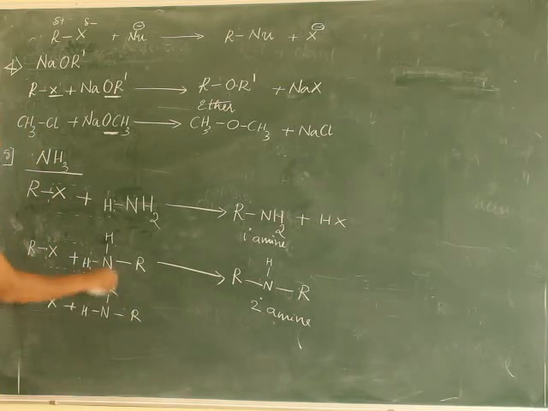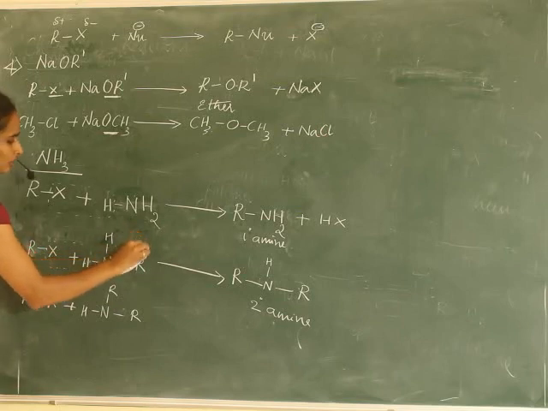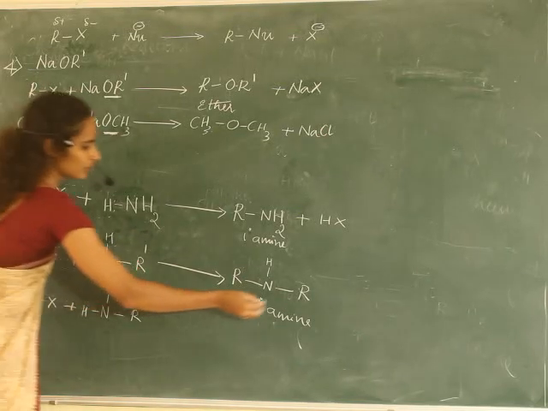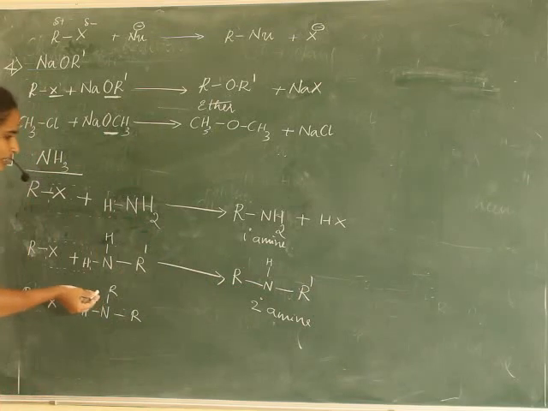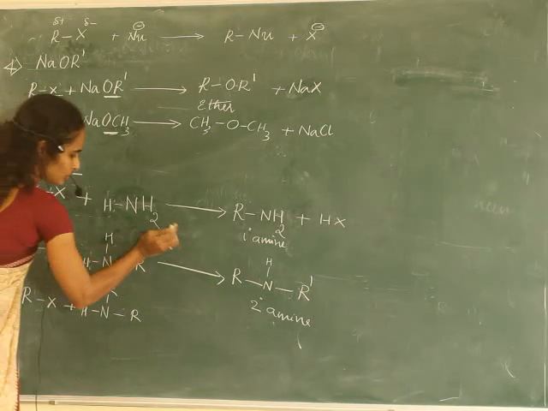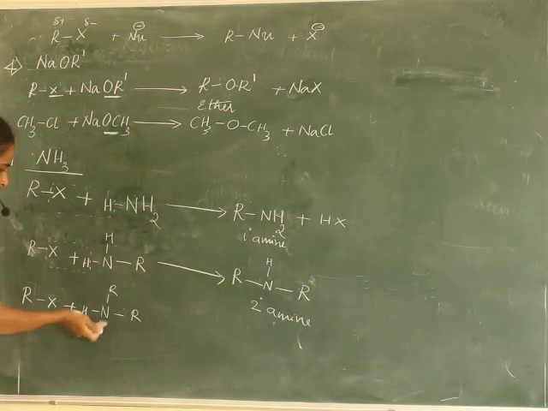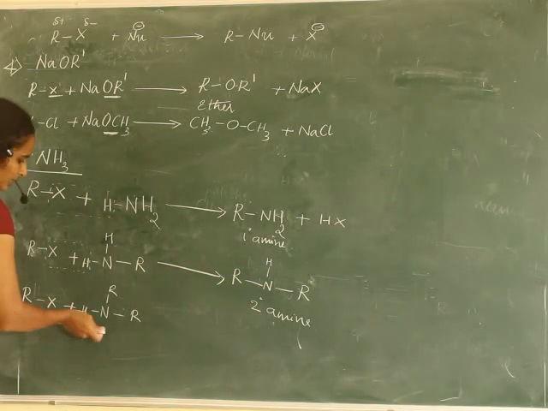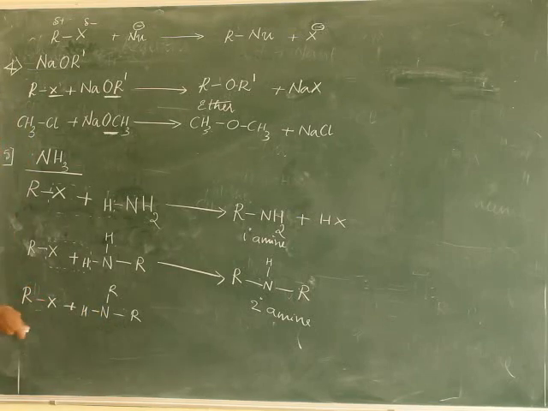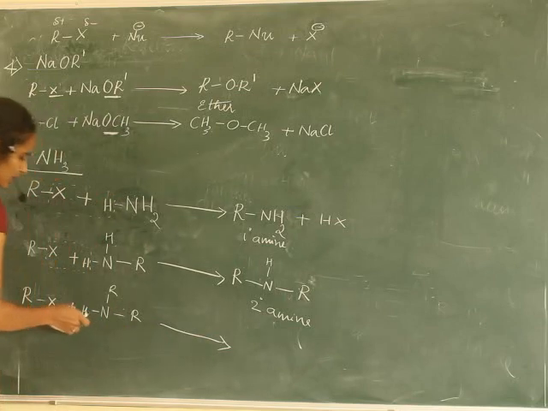If you want, you can take here a primary amine, R dash, or here you can take R double dash. It's your wish. Any primary amine you can take. So here it is now a secondary amine, which on reaction with alkyl halide again replaces one more halogen atom.